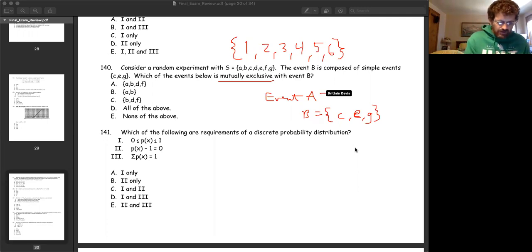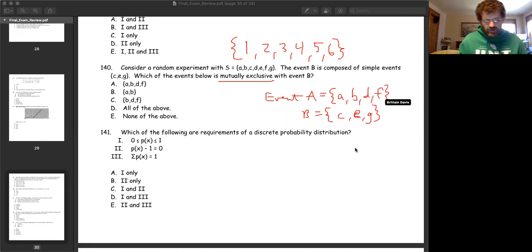Event A cannot share any outcomes with B if they're mutually exclusive. So the other options here are A, B, D, and F. As long as it only has those as outcomes and some combination of those 4, then they are mutually exclusive. There's no common outcome between the two. And it looks like all of these right here are legitimate answers. So I'd go with D, all of the above.